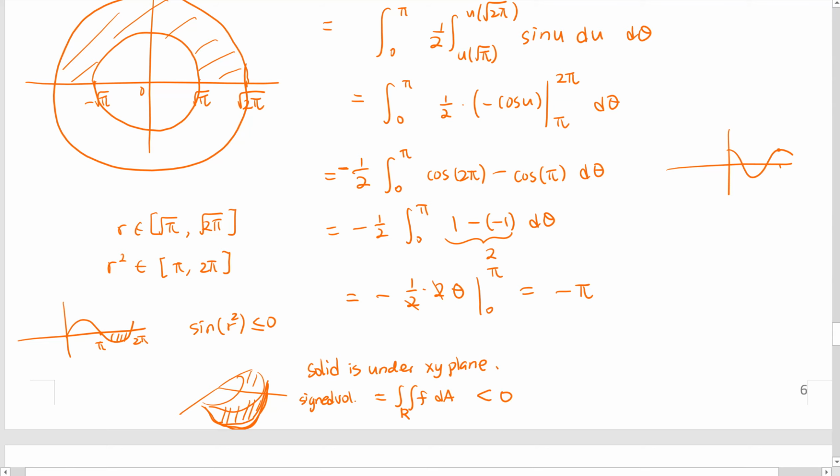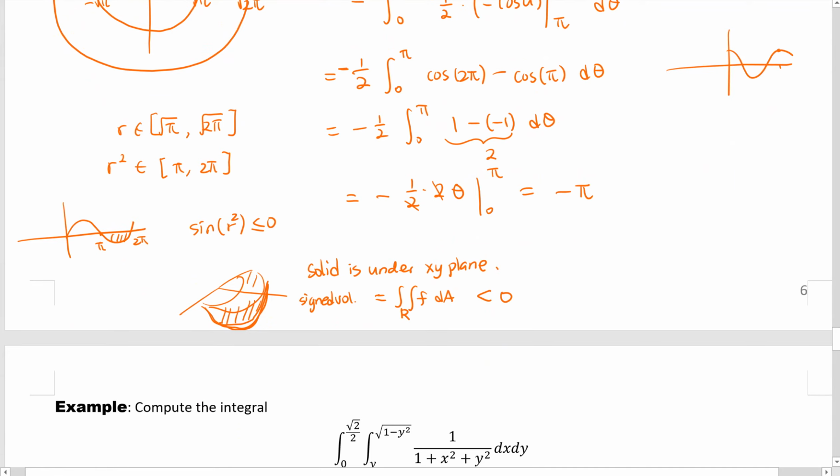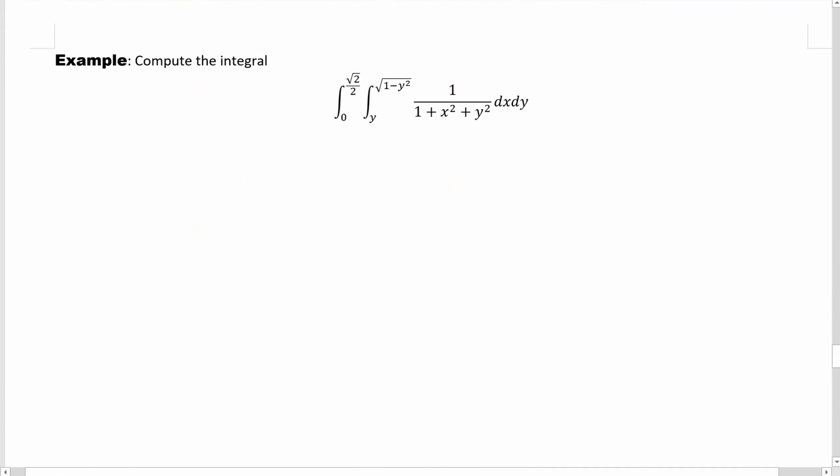Okay, so let's continue to look at more examples. Compute the following double integral. So it is giving us Cartesian coordinates. So let's draw the picture and see what it looks like. In general, it is enough to draw the region in the xy plane.